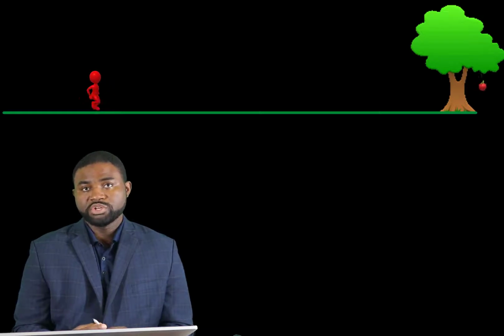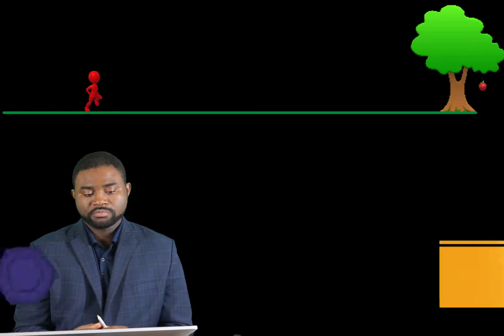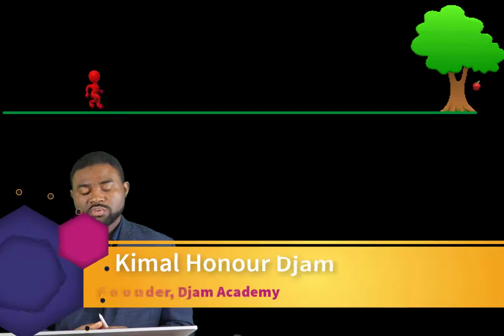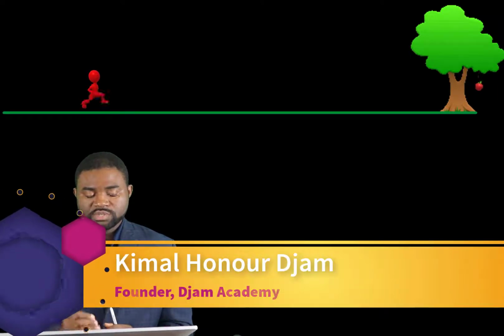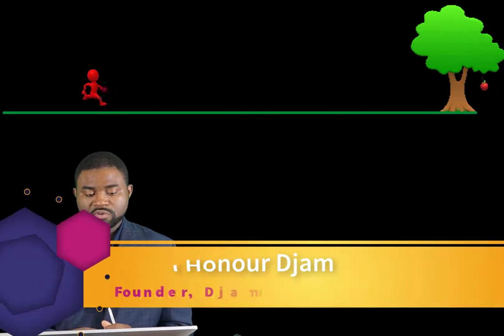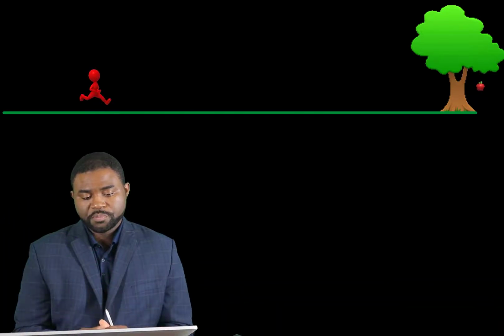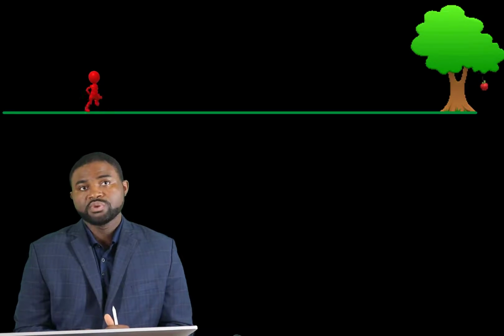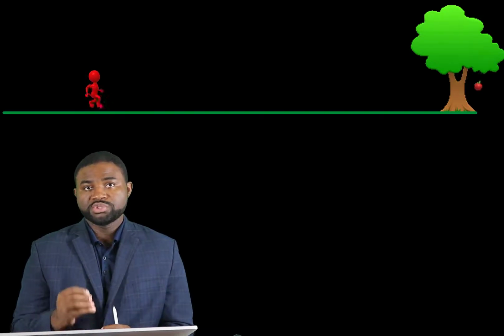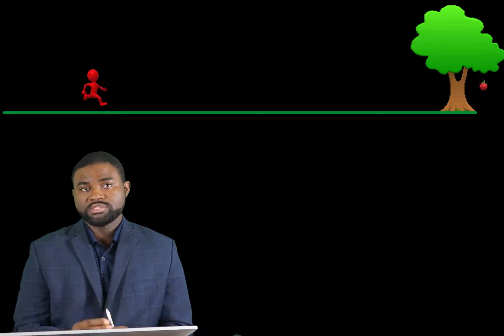So let us analyze the motion of a man jogging. The question is, how do we describe the position of this jogging person? In order for us to measure his position, the first thing we need to do is to establish a reference axis.